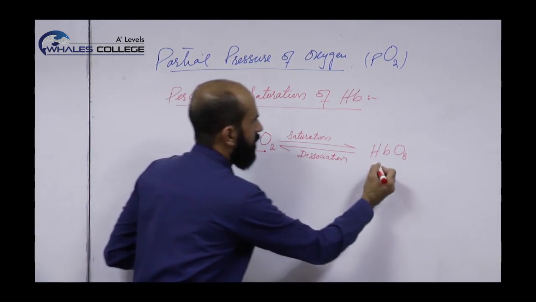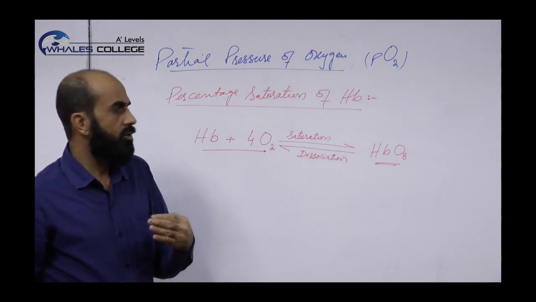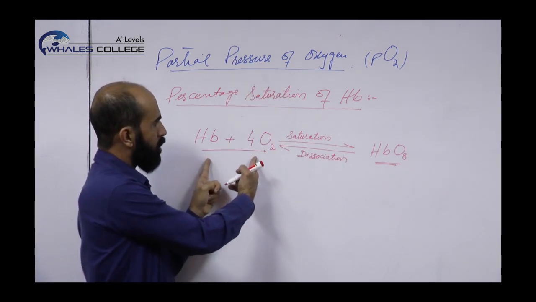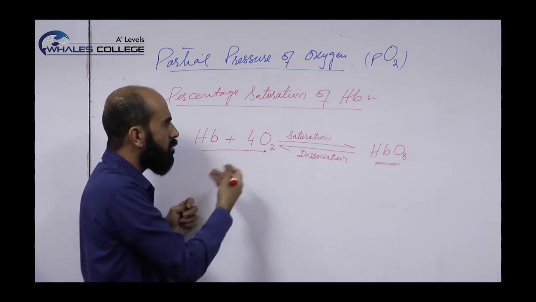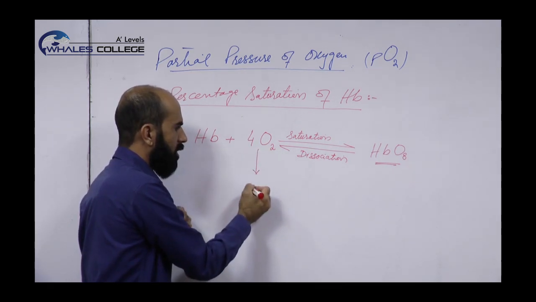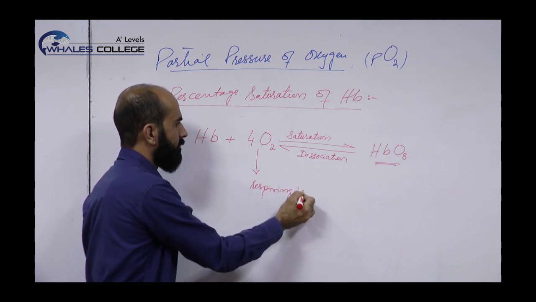And this reaction is in the blood, and the blood is now able to transport oxygen to the respiring tissue. Once in the tissue, this situation should be reversed to release the oxygen, and that oxygen will now be available for the respiring tissues.